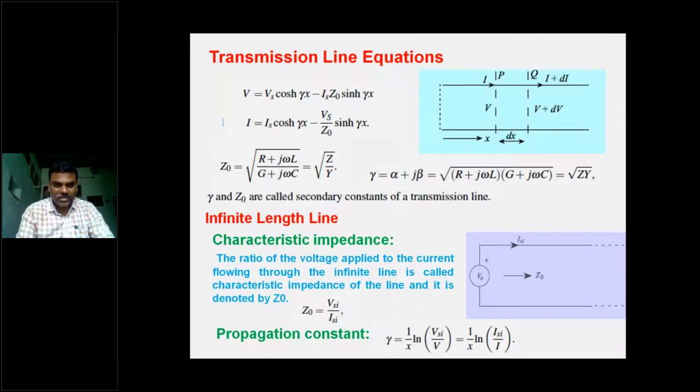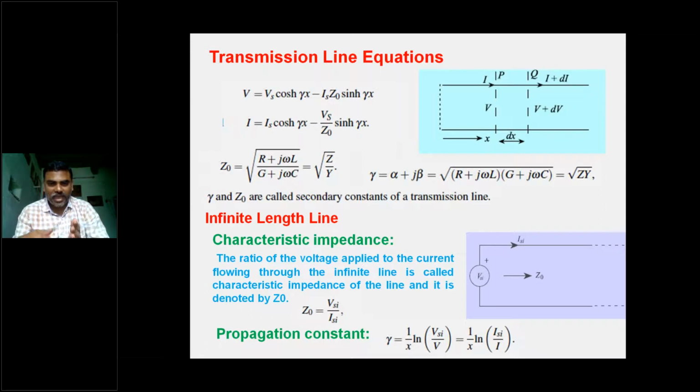Okay, and once the transmission line has infinite length, then you can call that an infinite transmission line. For that infinite transmission line, we know the input impedance is the same as the characteristic impedance. Generally at the sending side, the input impedance is sending side voltage by sending side current.